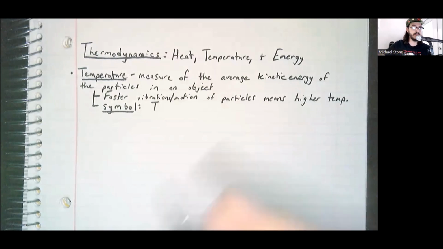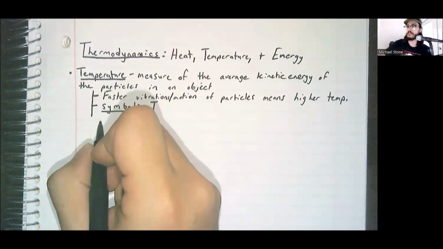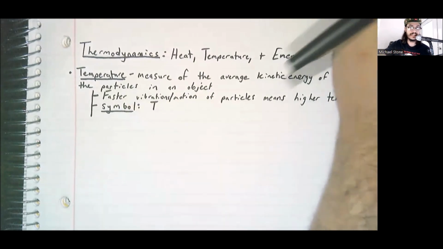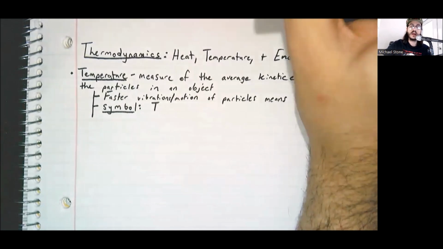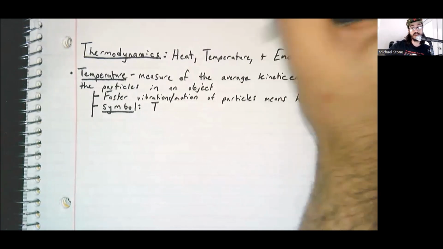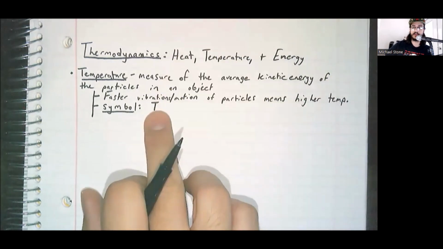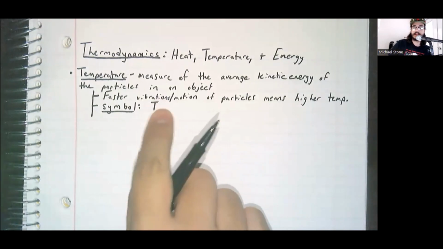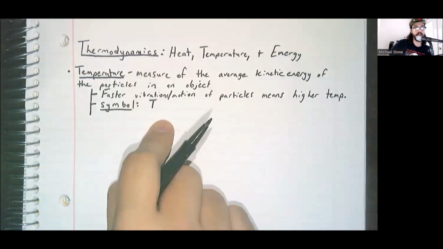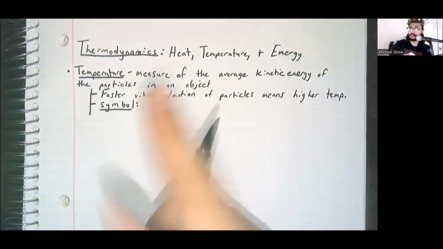The symbol that we're going to use to abbreviate temperature is T, and it's capital. Remember that T is capital, just to differentiate, lowercase t we're going to use for time, unless it's repeating. Capital T would be for period in the last course you were in, AP1. But in this case, when we're talking about thermodynamics, you see a capital T, just go ahead and associate it with temperature.